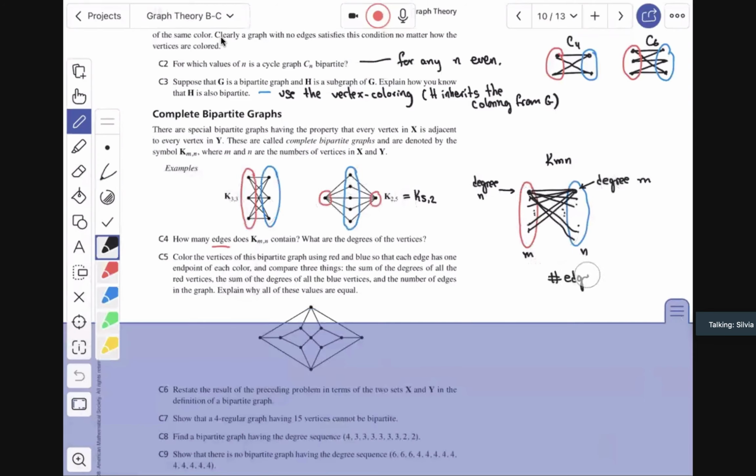So the number of edges is m times n. If you were to use the degree theorem, you will have m times n plus n times m, divided by 2. Right? Twice the number of edges equals the sum of the degrees. That also works.